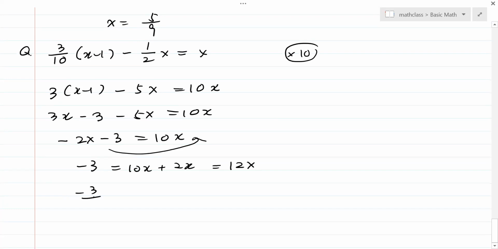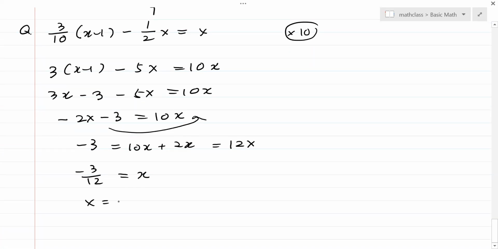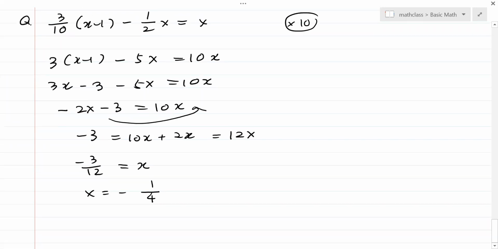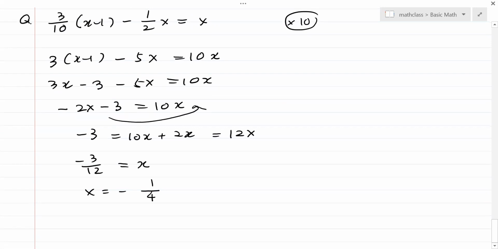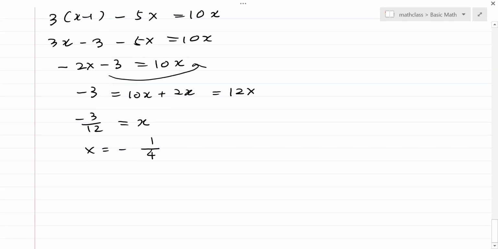So -3/12 equals x. But you can simplify it. Right? x could be negative 1/4. That's the answer. So Benjamin did it correctly.